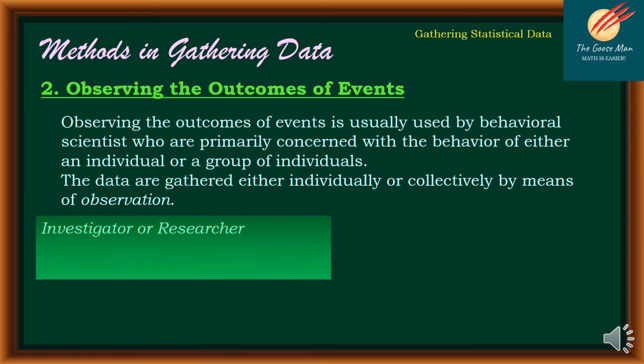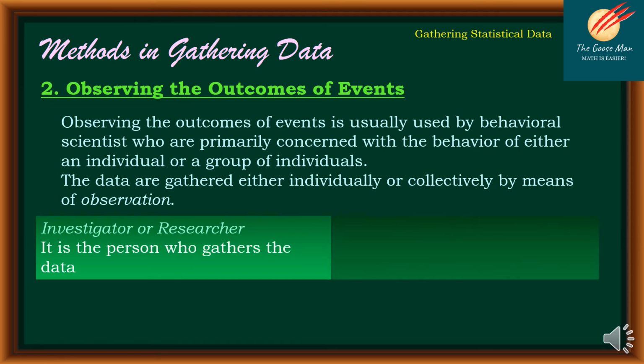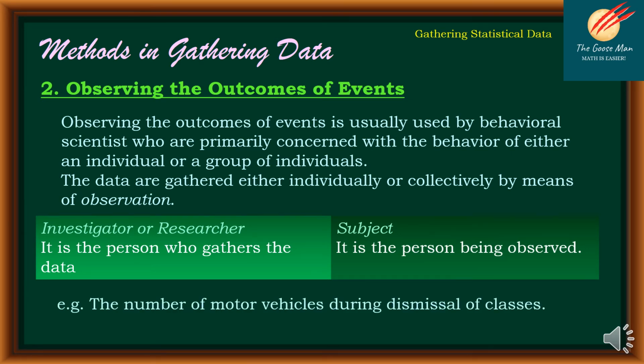We have the investigator or researcher, the person who gathers the data, while the subject is the person being observed. For our example, the researcher would like to know the number of motor vehicles during dismissal of classes.